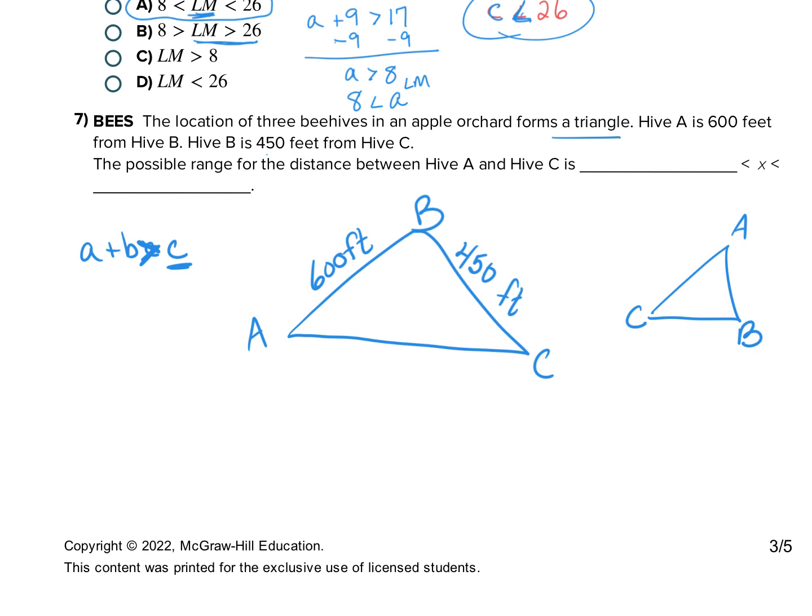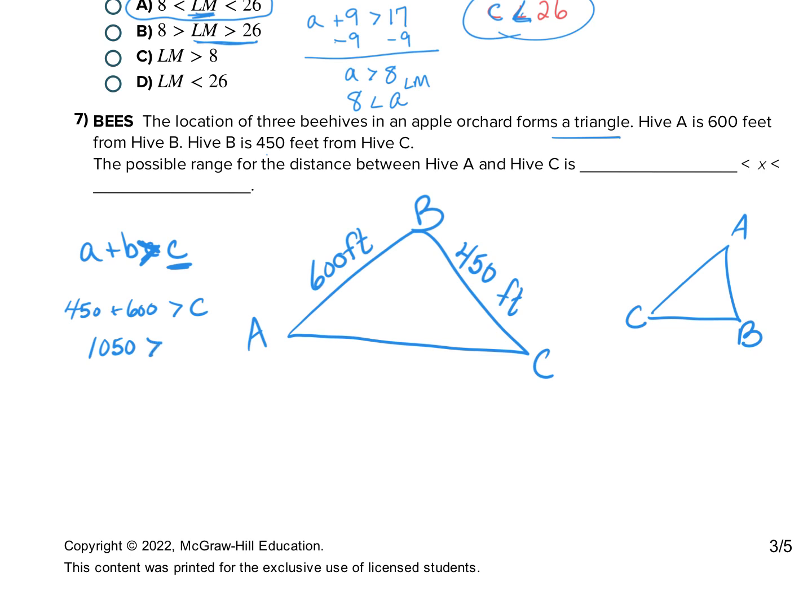So if we assume it's the longest side, I'm going to take 450 and add 600. And that sum has to be greater than C. So that's going to give me 1050, if I can add mentally, which you guys know is not my strong suit. But yes, it is 1050.